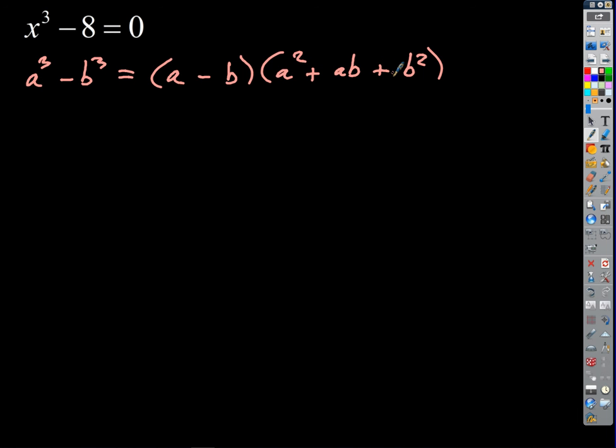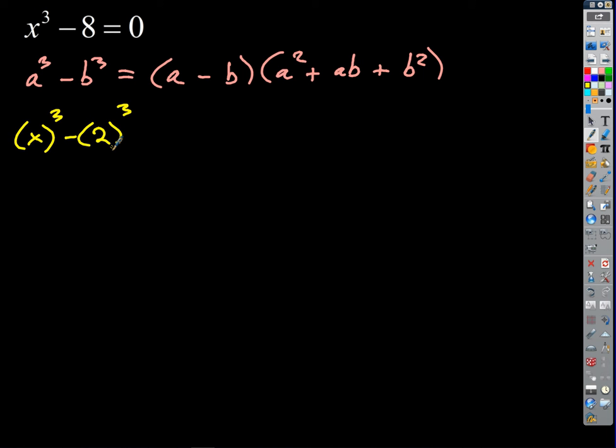That's good. Okay. So now the question is, can we turn this into something that looks like a cube minus a cube? Well, what goes there? X. What goes there? Well, I have to write it as something cubed. 2, right? So I get x cubed minus 2 cubed.